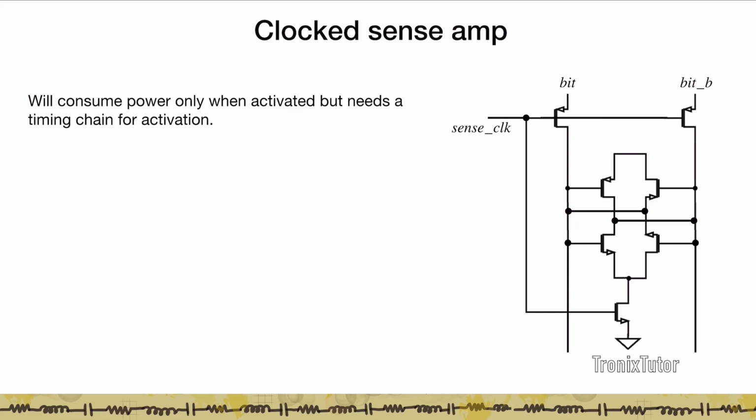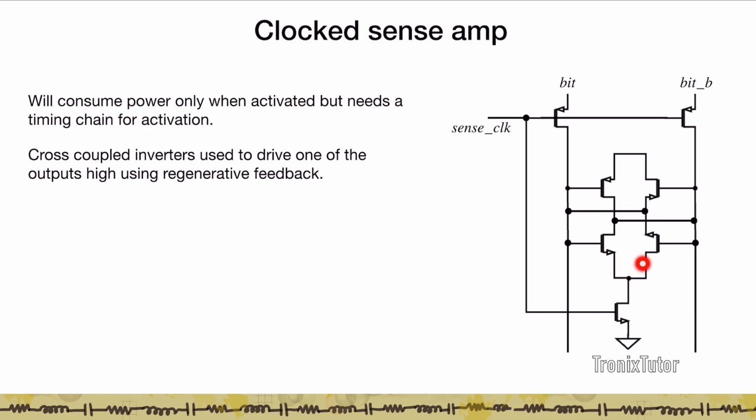So what we are trying to do here is use the difference in these two to flip the inverter to either position of 0 or 1, and that would sense the output at the bit. And this regenerative feedback is the reason why this circuit works. Now this circuit doesn't require a lot of biasing, it's a digital circuit. So all we care about is ensuring that the transistors are turned on and the back-to-back inverter takes care of the rest.